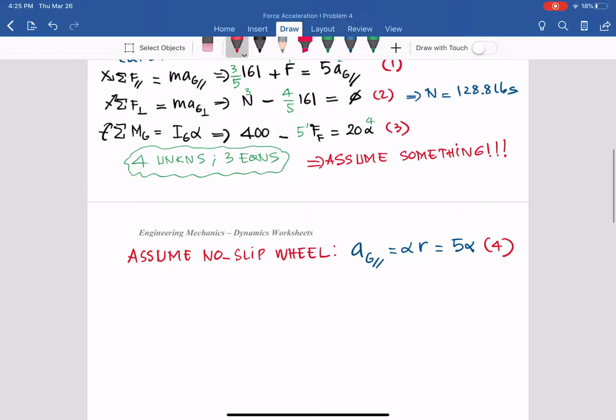So let's plug number 4 into number 1, then we have equation 1 and equation 3 become what?